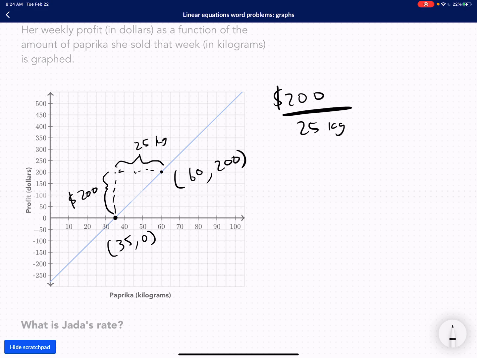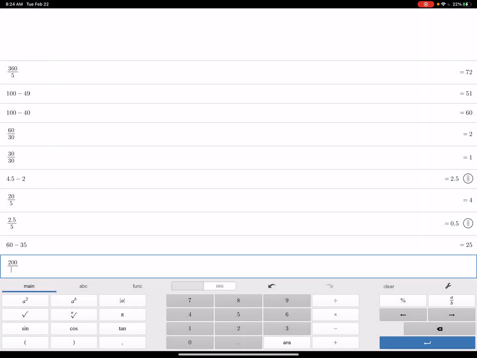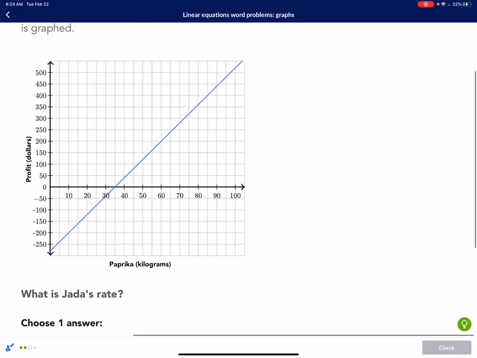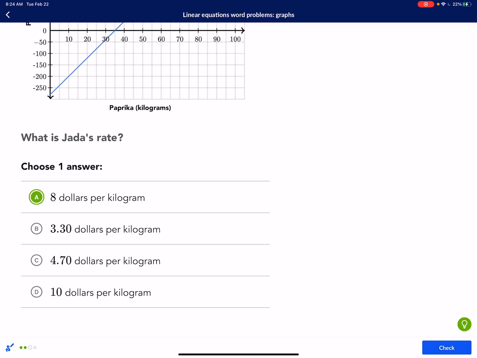We're going to divide the numerator and the denominator by 25. 200 divided by 25 gives us $8, and 25 divided by 25 is just 1 kilogram. So it's $8 over 1 kilogram, $8 per kilogram, and we're good.